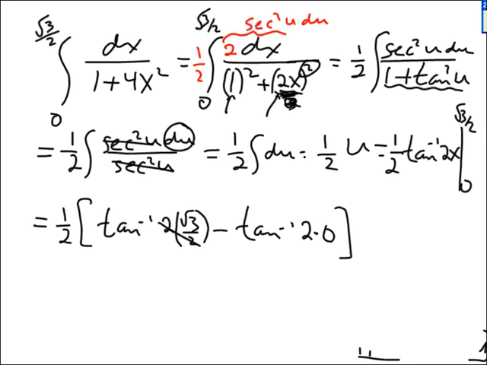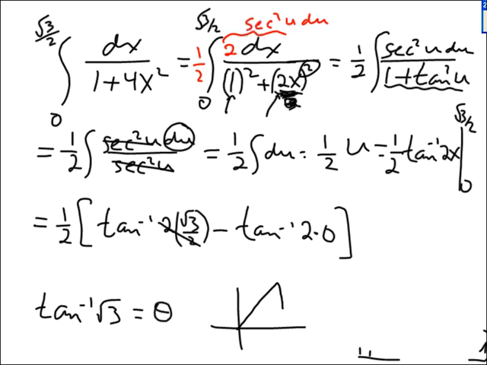Of course, the 2's cancel out. So we want to know what is the tan inverse of square root of 3. What is the angle? The tangent of what angle gives us square root of 3?